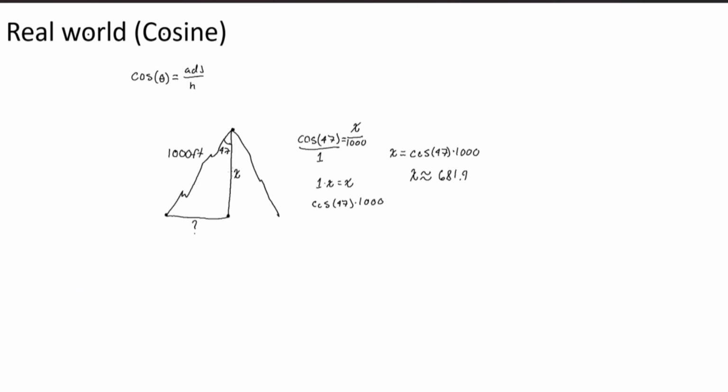And we know that x is the height of the mountain, so the height, denoted by x, is approximately 681.9 feet, since that's our unit of measurement. And that's a fairly realistic application of using cosine in the real world.